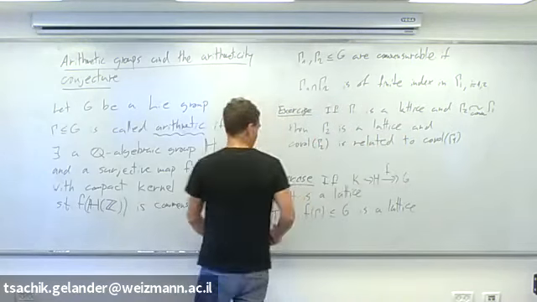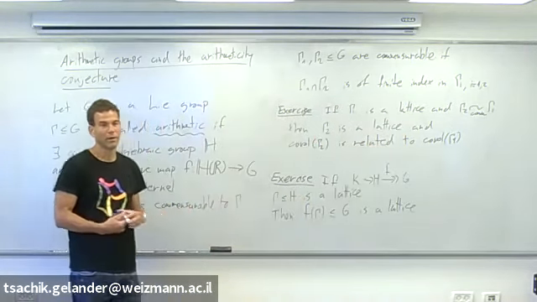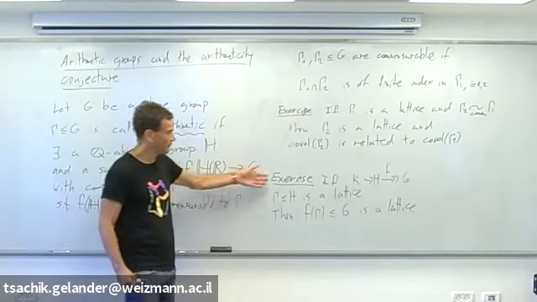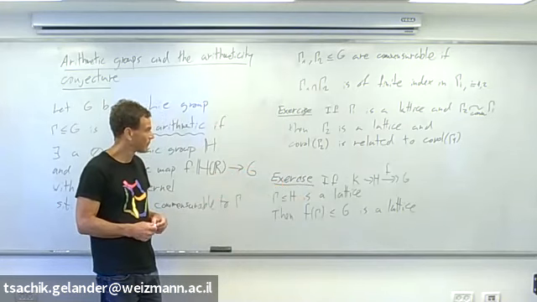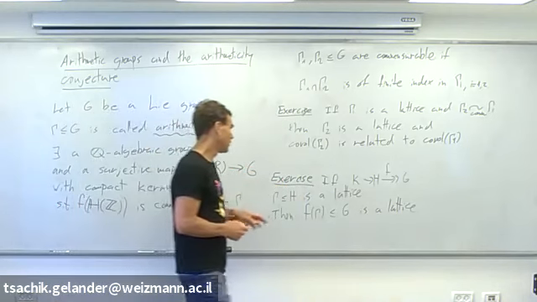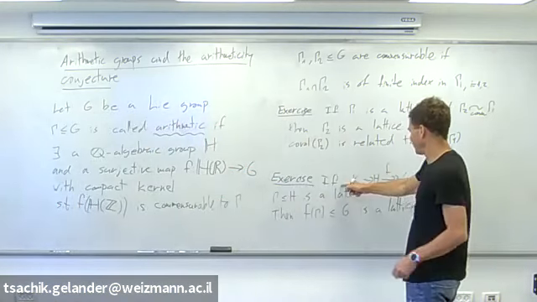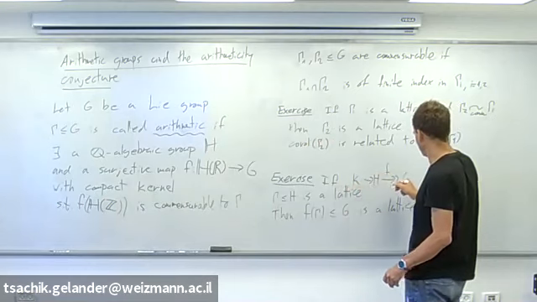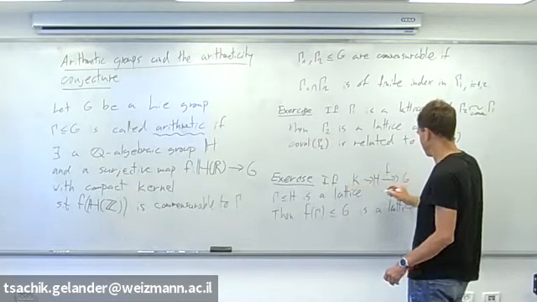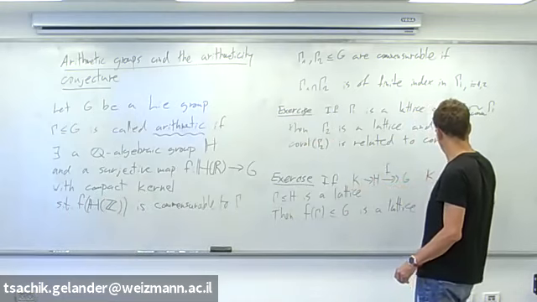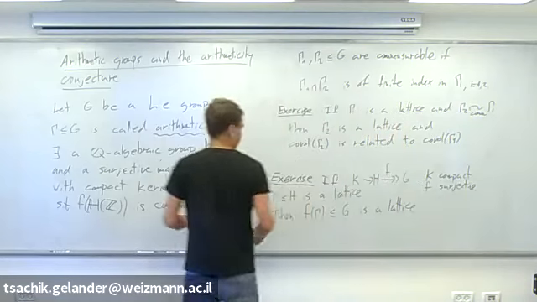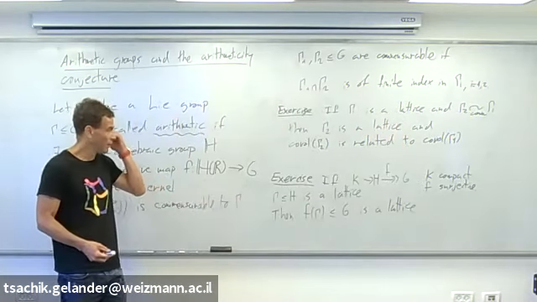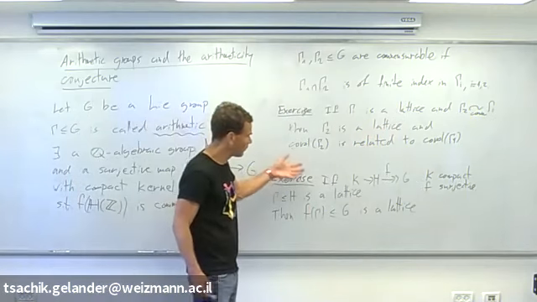So if you have a map from one group onto another group, I think the image doesn't have to be discrete. If K is compact and f is surjective, like in the theorem, then the compact kernel cannot destroy discreteness, so the image will be discrete, will be closed.